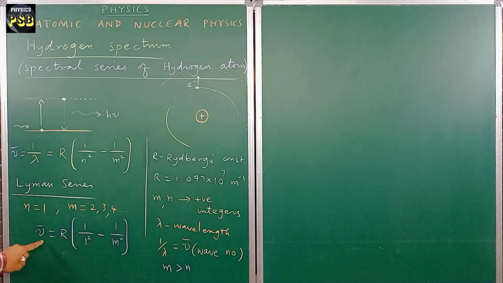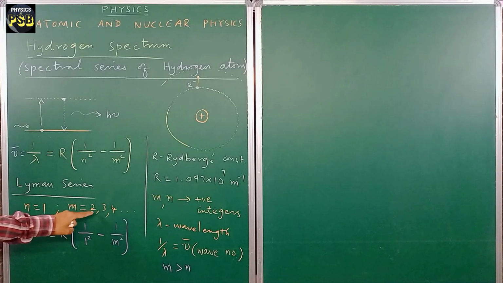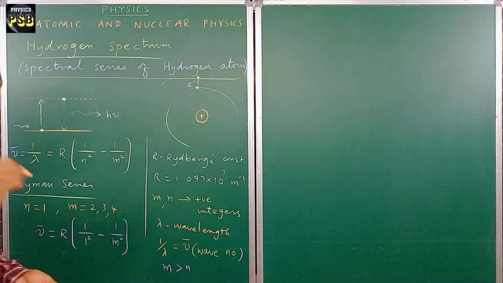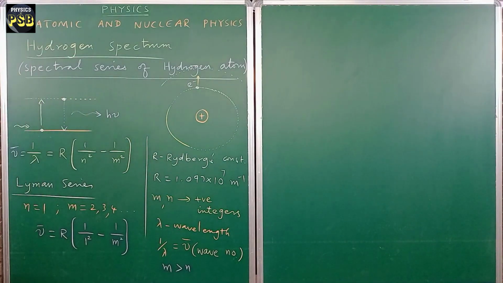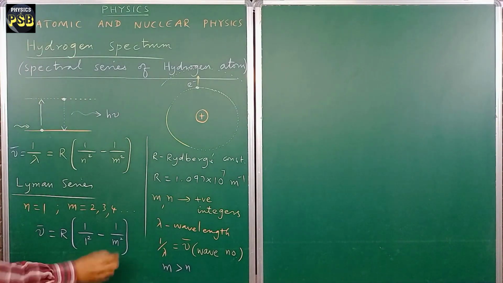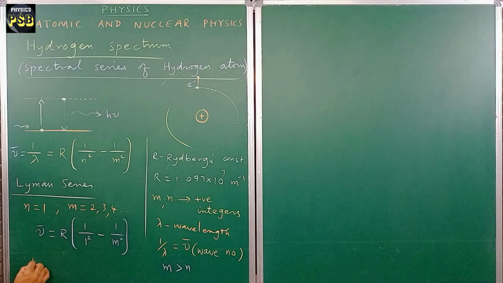So this is the wave number obtained. It is found that the Lyman series falls in the UV region.